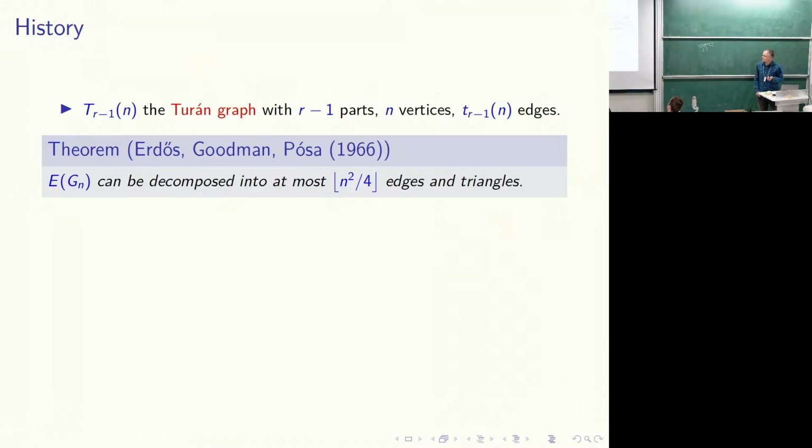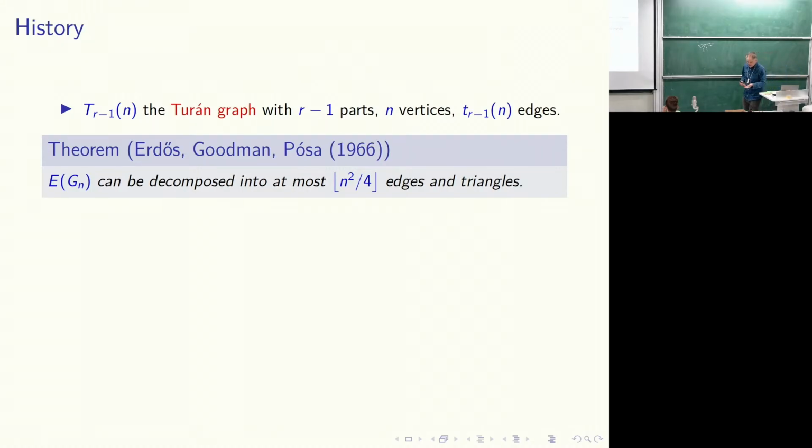So the starting point of our work is an old theorem of Erdős, Goodman, and Pósa, who proved that if we have an arbitrary graph on n vertices, I will always use the subscript n to say that the graph has n vertices, then the edge set can be decomposed into triangles and edges so that the total number of parts is at most n squared over 4.